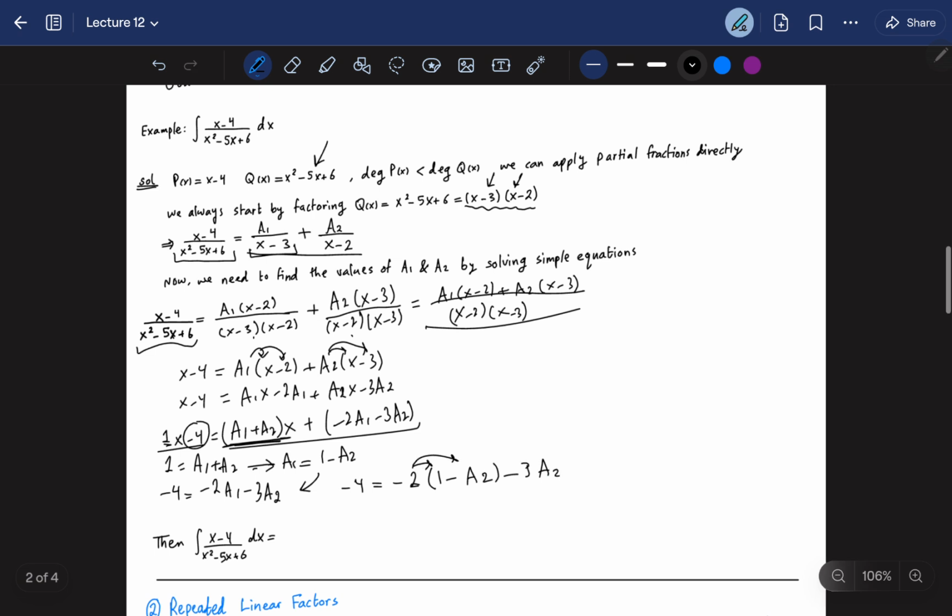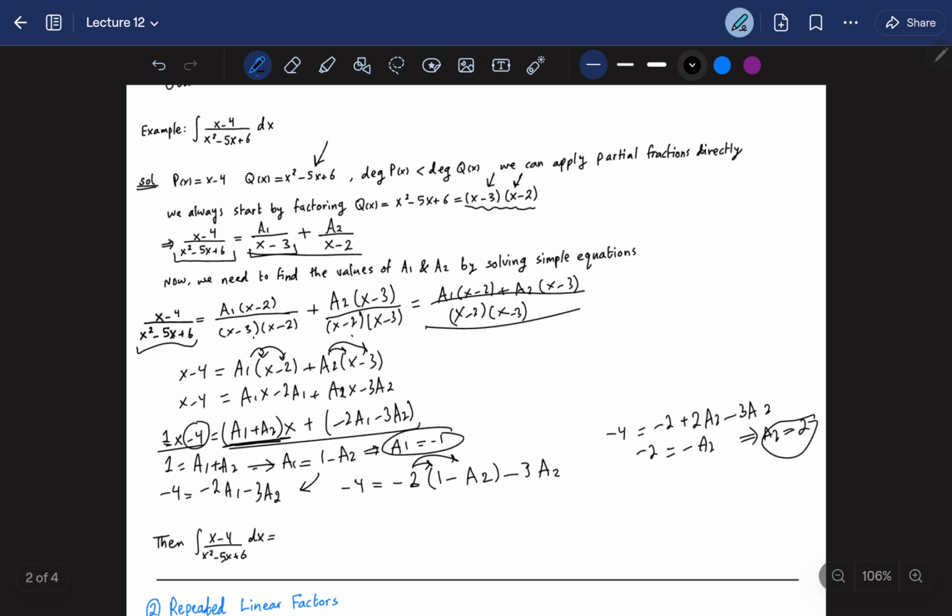Now let's distribute and then solve it for a2. So negative 2 is going to be equal to negative a2. Then my a2 is just 2. And then from it, I'm going to have that a1 is just negative 1.